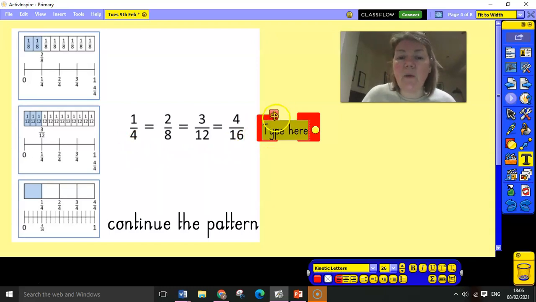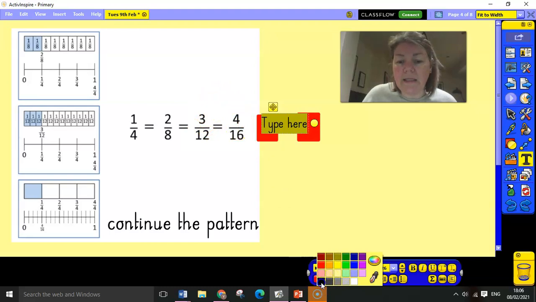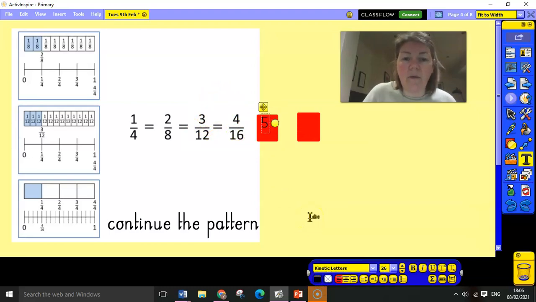So the next equivalent fraction in here, well, I've multiplied by 2, I've multiplied by 3, I've multiplied by 4. So my next one is going to be, I'm going to multiply by 5. That's my numerator, but I also have to multiply my 4 by 5, and I know that 4 multiplied by 5 is 20.